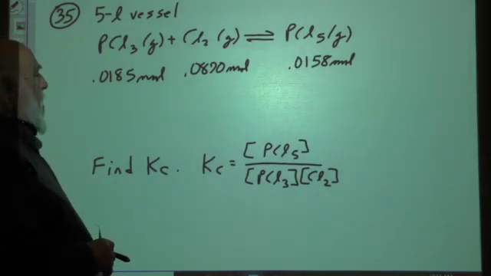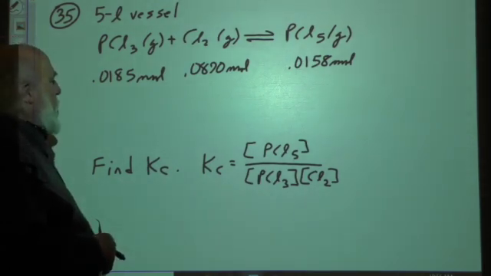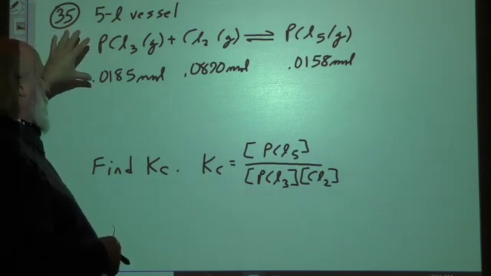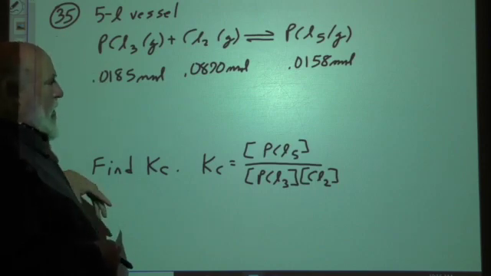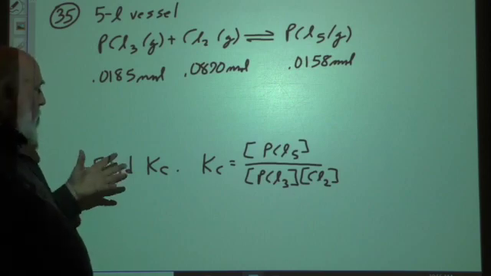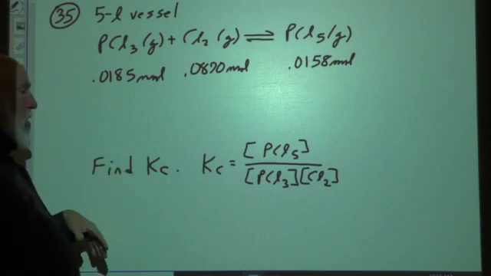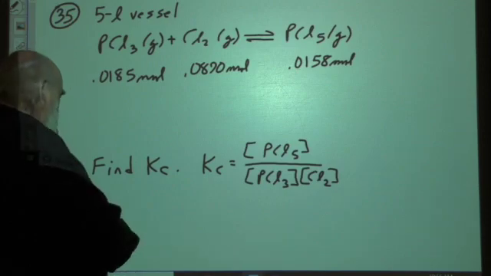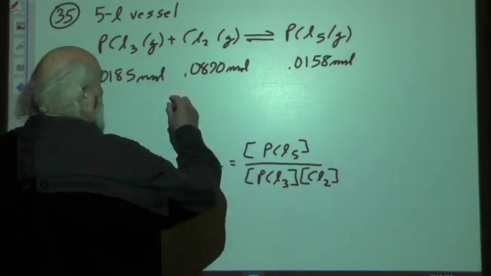And number 35 on the same page, we're given equilibrium values for the concentrations of a particular equilibrium reaction. We're asked to find the Kc here. This is just a plug and play problem. All we have to do is plug in these values.